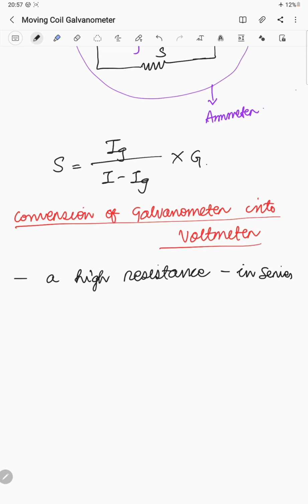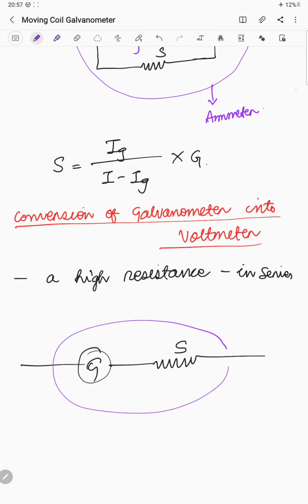Then how can you draw the diagram? We have a galvanometer G here, and to this we have connected a very high resistor. We denote it by the same S only, but here this S represents the high resistor. So the high resistance connected in series with the galvanometer will give you the voltmeter.